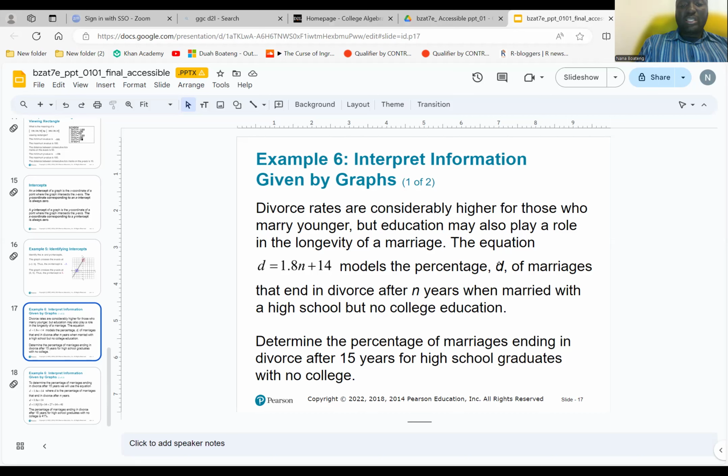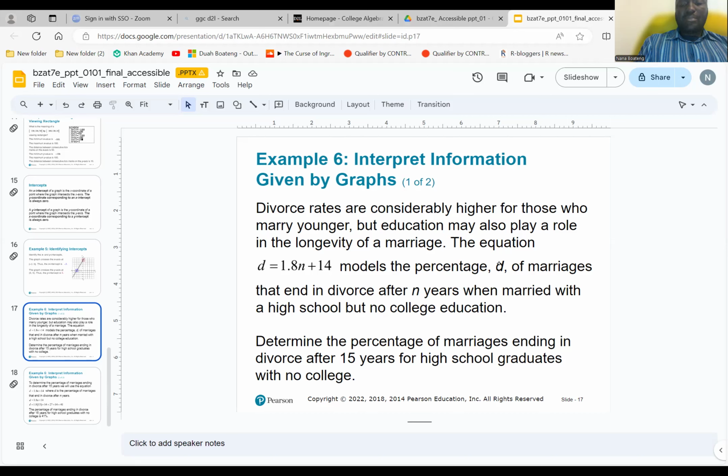And the equation D is equal to 1.8n plus 14 models the percentage D of marriages that end in divorce after n years when married with a high school but no college education. Determine the percentage of marriages ending in divorce after 15 years of high school graduates with no degree. All right.